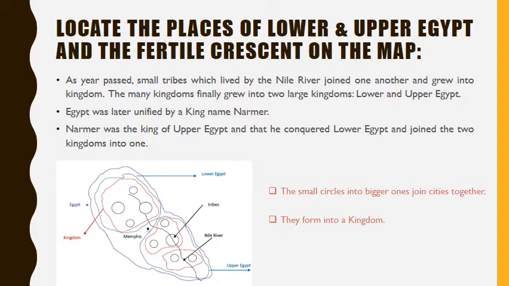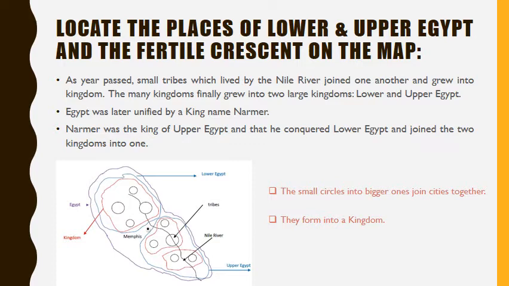As you can see here in the picture as well, there are some small tribes which were living as groups, so they formed the kingdom. And Egypt, as I told you before, was divided into two parts, Lower and Upper. The red line indicates the kingdom, the black lines show the tribes, and the black line which comes from Lower to Upper shows the Nile River.